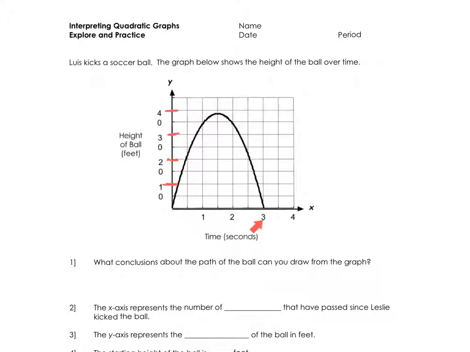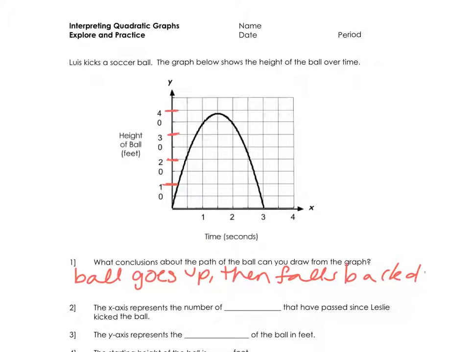No, the ball. This is the ball. So as time is going on, it goes up and then it falls down. So the ball goes up, then falls back down.